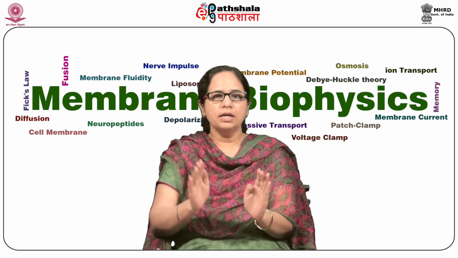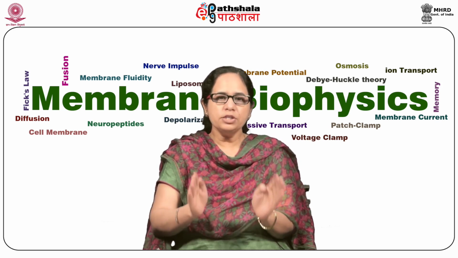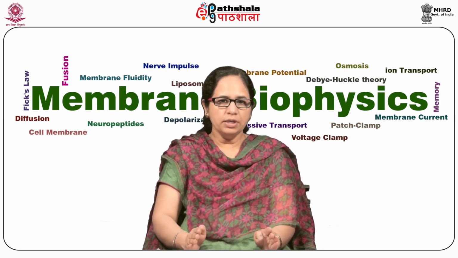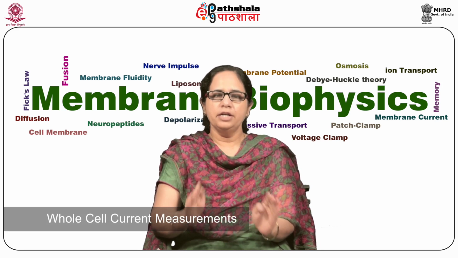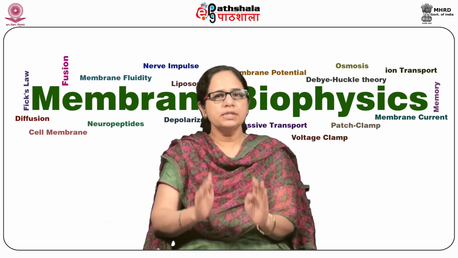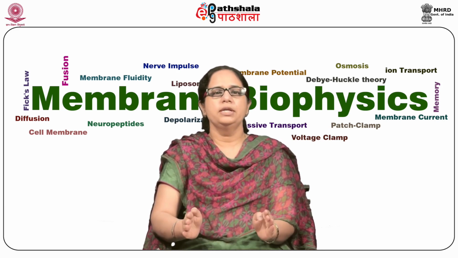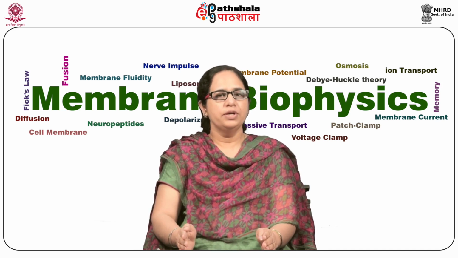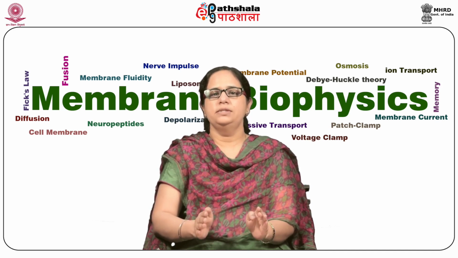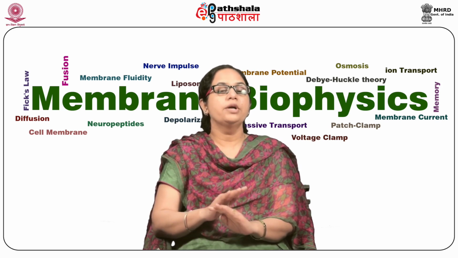For that, a glass that has optimal properties is selected, and the properties of the glass differ substantially for single channel recording and whole cell current measurement, which I am going to talk about later. For single channel measurements, low noise is the most important electrical parameter, whereas for whole cell recording, dynamic performance is more important than the contribution of the electrode to the background noise.